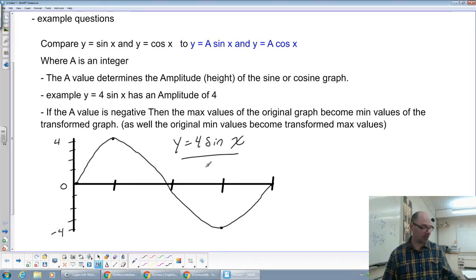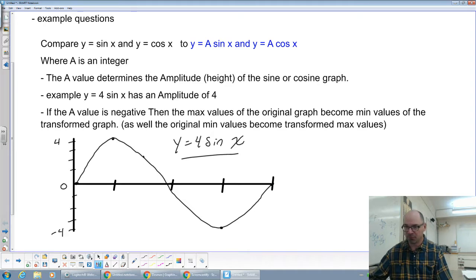There's a sketch of our example, what it would look like, except it should be crossing with my tick right there, but I didn't get it perfectly spaced in my little sketch. Okay, so that's the effect of A.